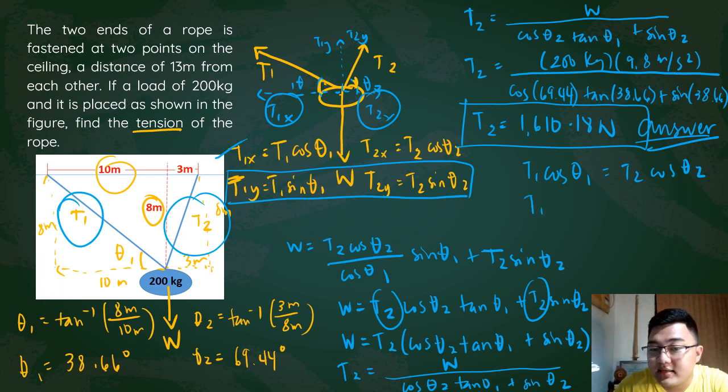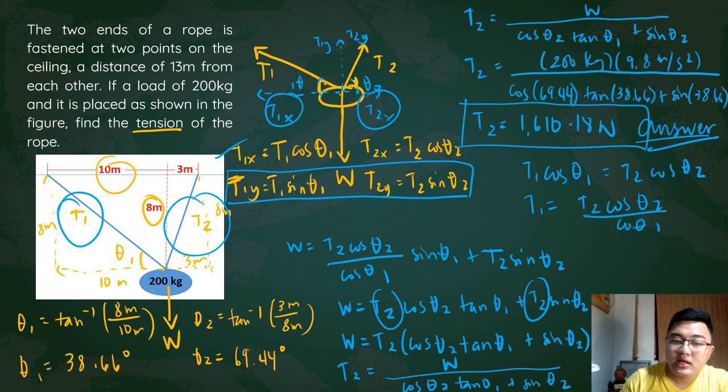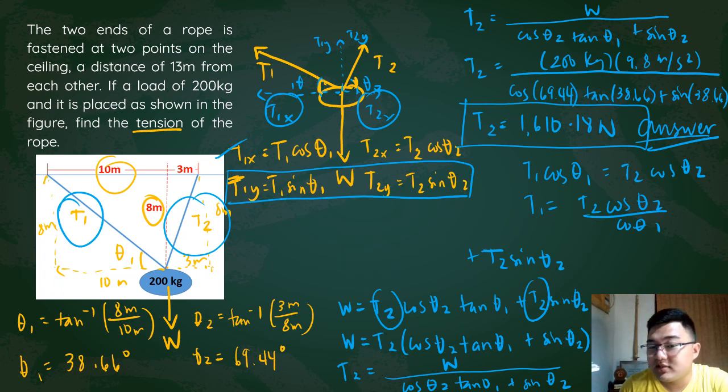Therefore, T1 is equal to T2 cosine theta 2 over cosine theta 1. So we just need to substitute the known values since we already know T2 and we know the value of angle 2 and angle 1.